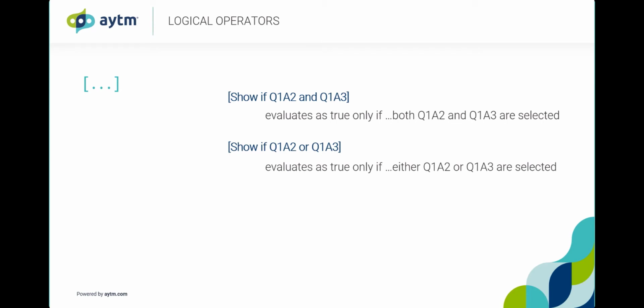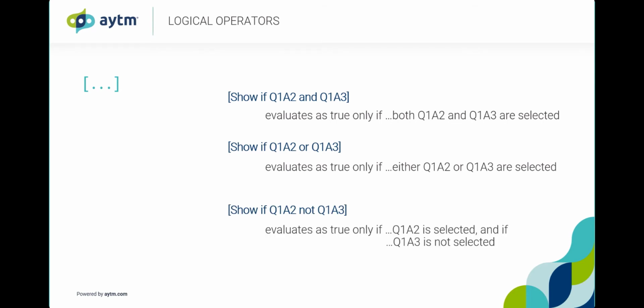And finally, this logic command will only be processed if Q1A2 is selected and Q1A3 is not selected. In this case, if the respondent selects question 1, answers 2, 3, and 4, the logic will not activate because even though answer 2 was selected, answer 3 was also selected. So the statement evaluates as false because we told the platform that answer 3 is not supposed to be selected in order to trigger the show if.